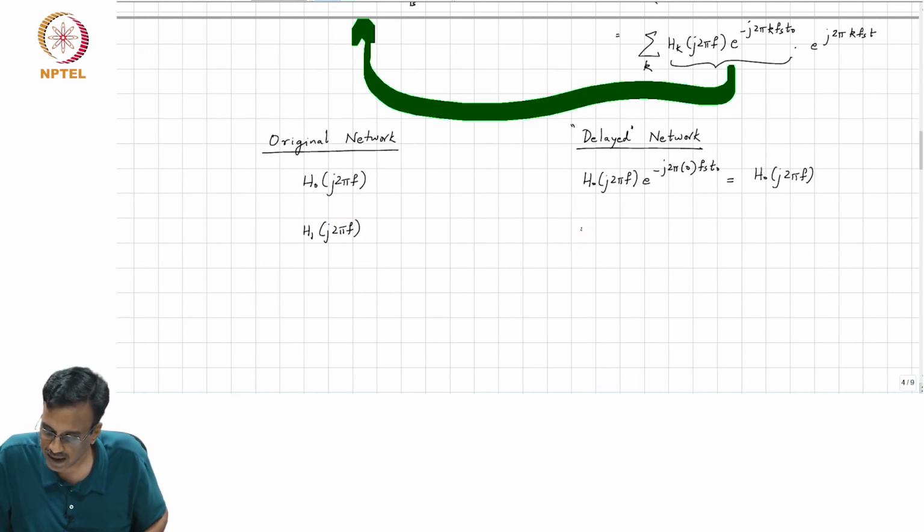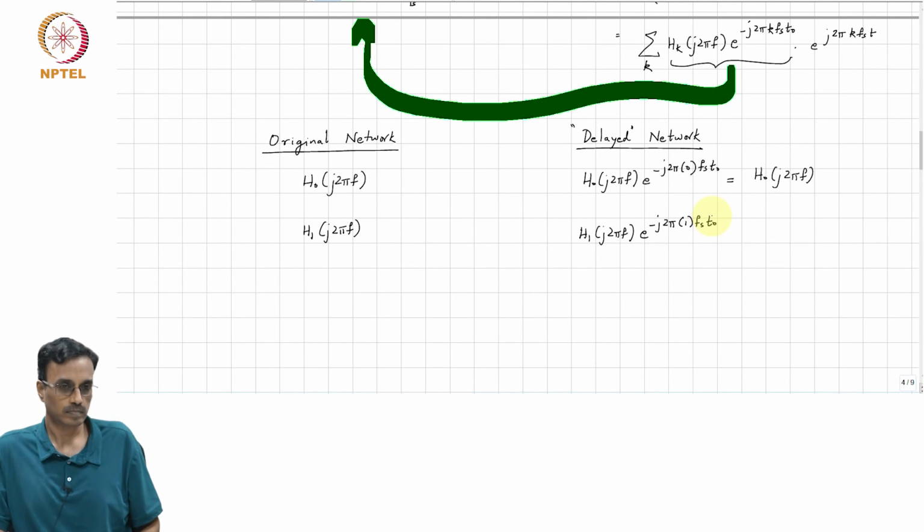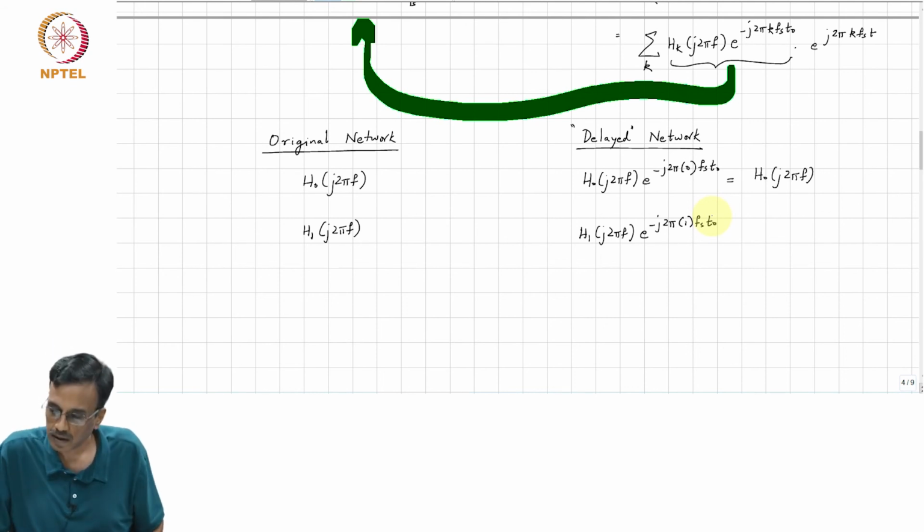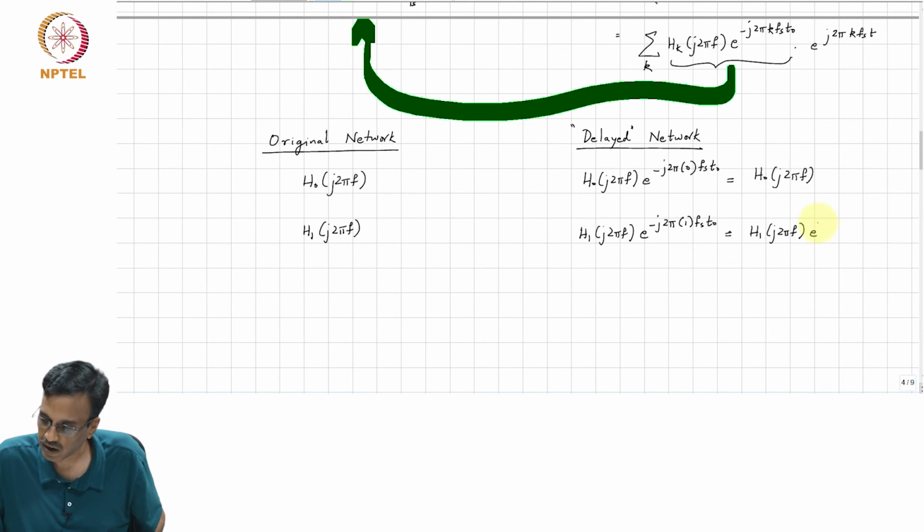So, in the delayed network, it will be H1 of j2 pi f times e to the minus j2 pi k is 1 fs times T naught. So, this is nothing but H1 of j2 pi f times e to the minus j2 pi fs times T naught, all right.